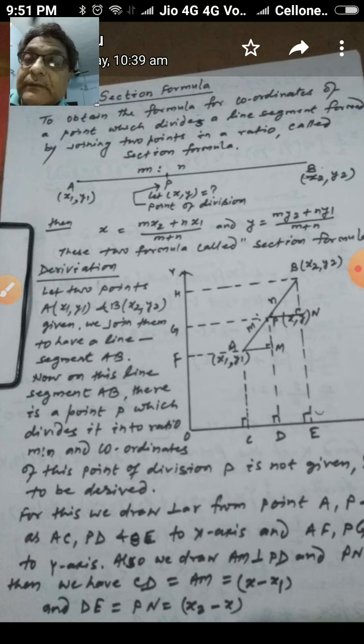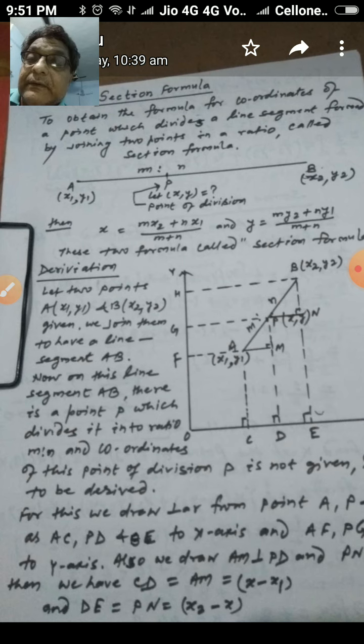What is section formula? Actually, two points are given. On joining these two points we have a line segment. Now a point on this line segment divides it into a certain ratio, say m is to n.